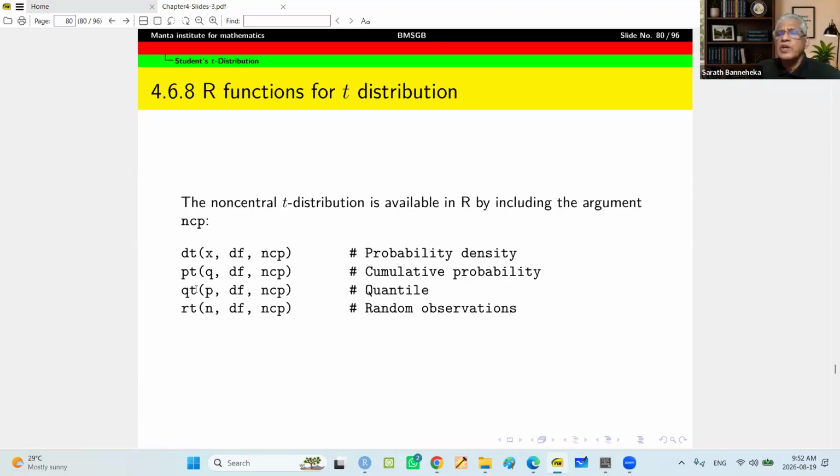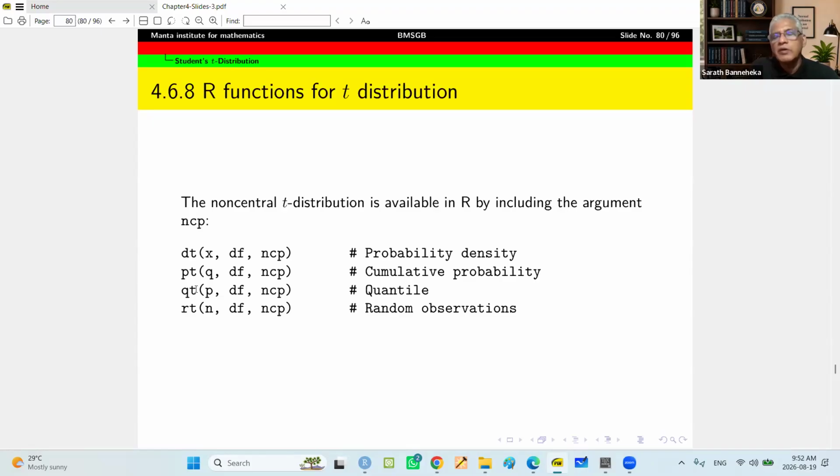Now, you might think, where do we need this non-central T distribution? Well, this non-central T distribution, and also the non-central chi-square, and later on we'll talk about the non-central F distribution, are all very, very useful.